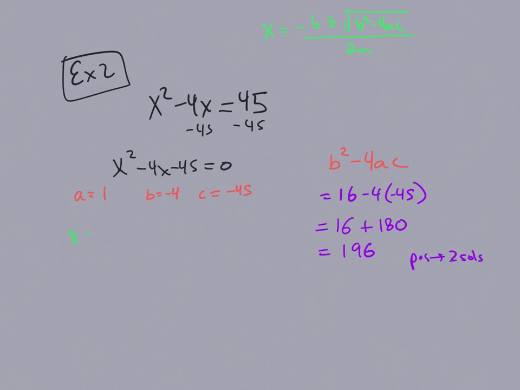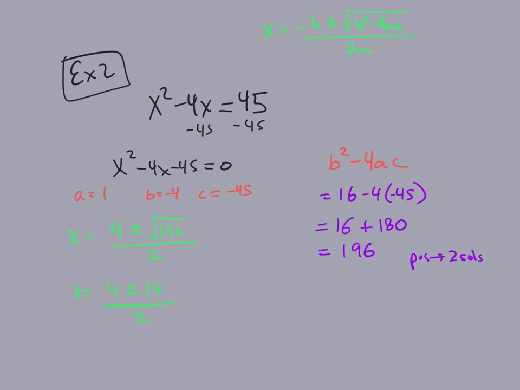So I'm going to go x equals negative b, well, negative 4 is positive 4, plus or minus square root of the discriminant, 196, all over 2 times 1, which is just 2. I just used my quadratic formula here and plugged in. So then we got x equals 4 plus or minus, the square root of 196 is 14, divided by 2.